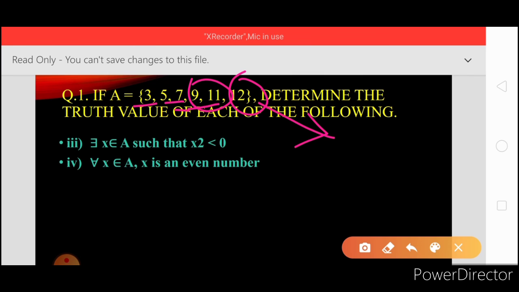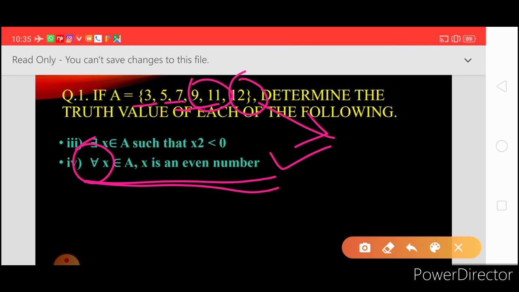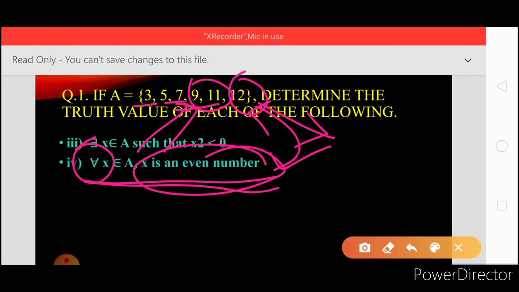It means the given statement is false, because we have a universal quantifier, and for a universal quantifier all the elements in that set must satisfy the given condition, but here only 12 satisfies this condition. So this statement is also false.